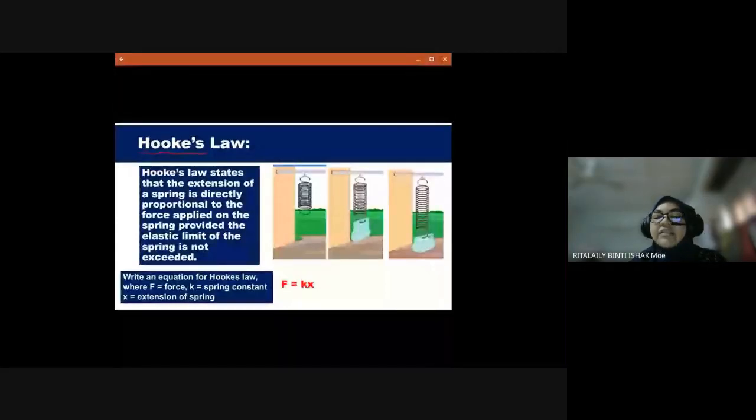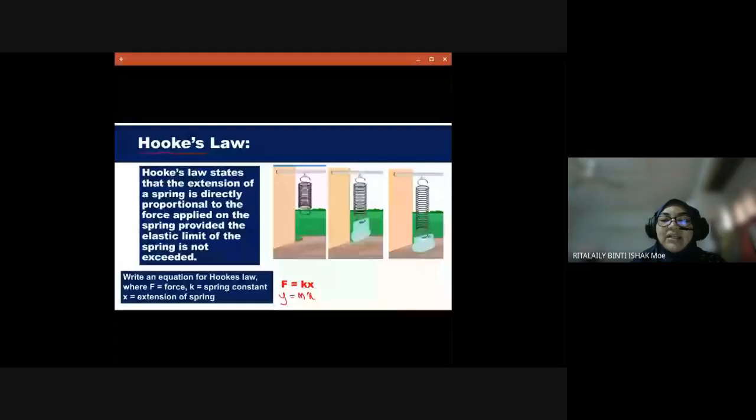Actually, this is the graph formula: y equals mx. Y is the F axis, F is the y-axis, K is the gradient, and x the x-axis. So we come with this formula, and it is known as Hooke's law.